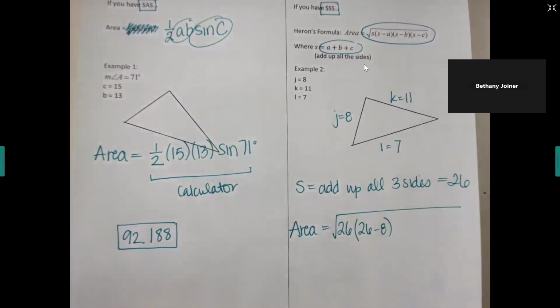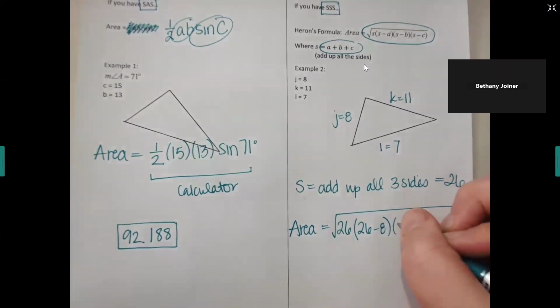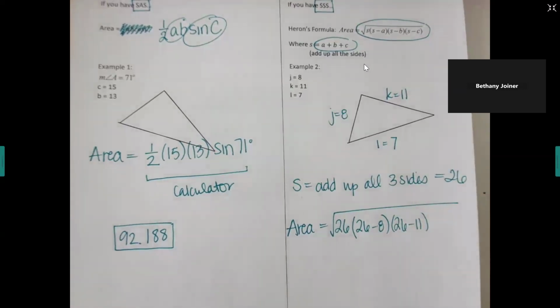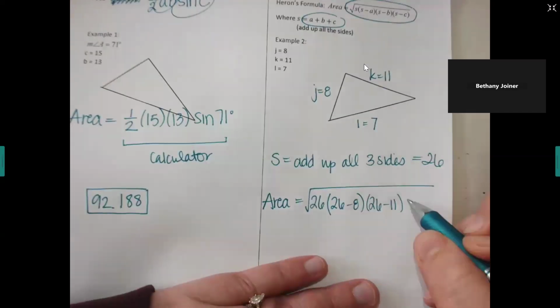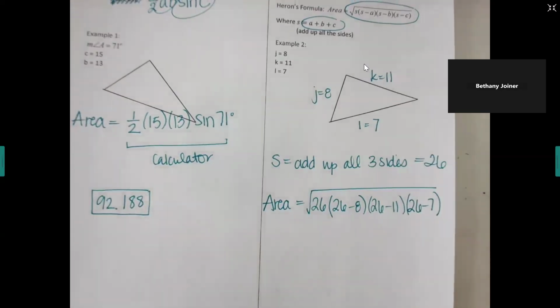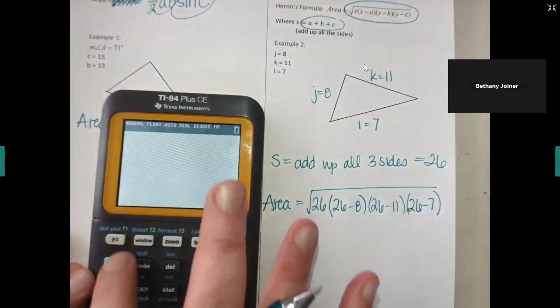Then I'm gonna do 26 minus the second side, so 26 minus 11. And then my last parentheses is s minus the last side, which would be s minus 7, or 26 minus 7. And then you're just gonna put that into the calculator. So the s is the sum, a, b, and c are the three sides, and it'll just shortcut you right to finding the area.